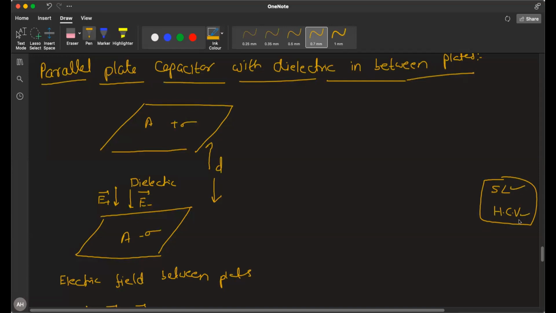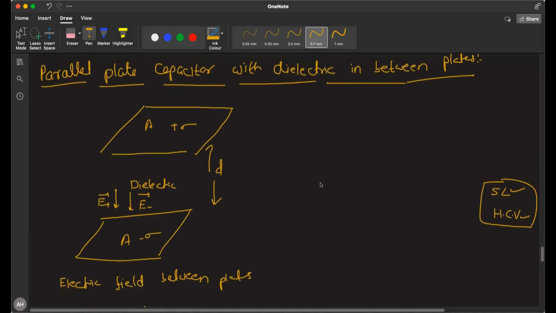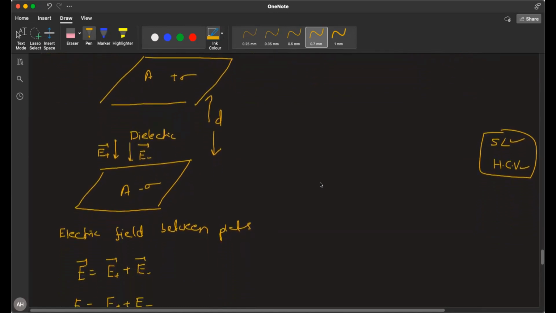The first one is for CBSE, the second one is for NEET. Okay, sir. Anshika, any doubt? No, sir.